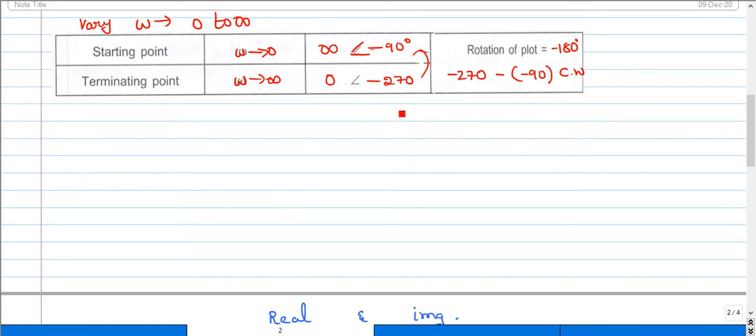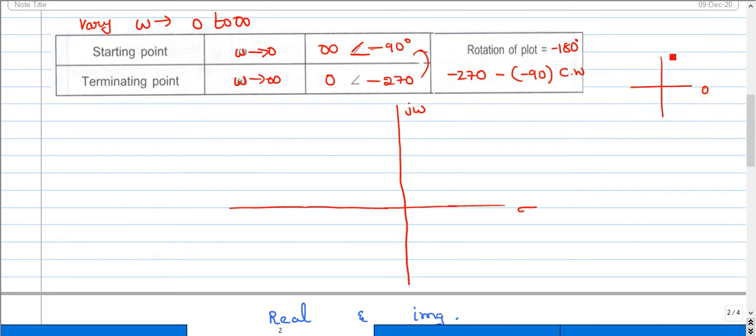The polar plot will be drawn in the S plane with imaginary axis j omega and a real axis, that is sigma. Now if you see the point omega, when I substitute 0, I am having infinity. Whenever you get a magnitude of infinity, make sure that you check the angle. Based on that you can mark the starting point. So the angle is minus 90 degrees. For reference you can mark the angles.